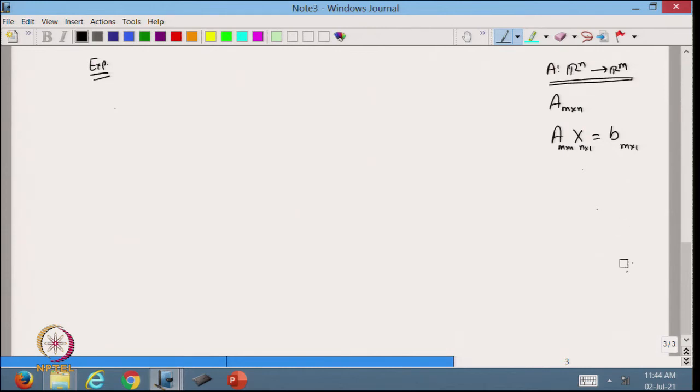Now, if you remember, we know that the range space of A is spanned by the columns corresponding to pivot elements.